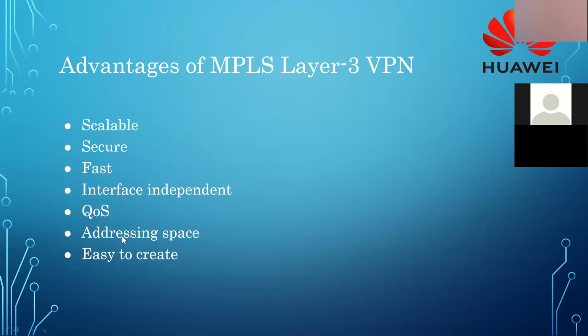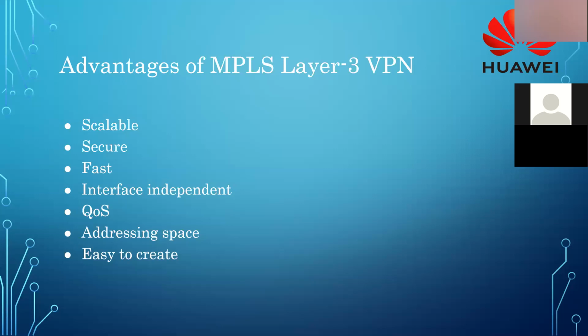And the other one is the addressing space. As we know, there is the route distinguisher, which enables us to use the same IP addresses for different customers. That means the same IP address can be used for different customers with the help of the VPN instance, which will include the route distinguisher.